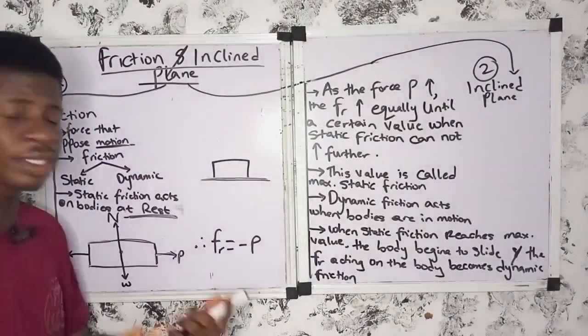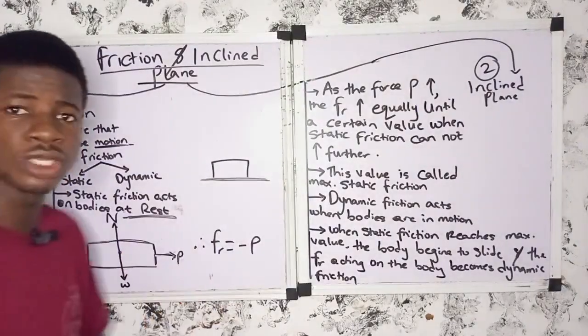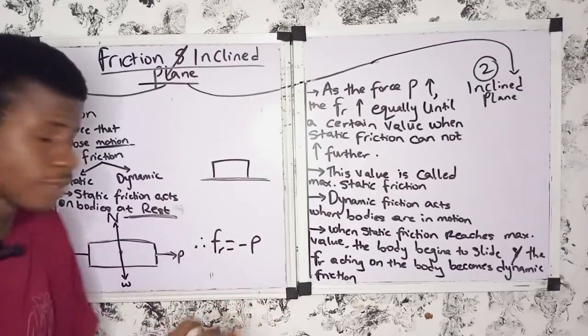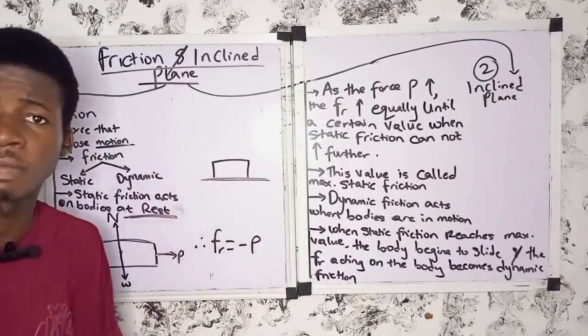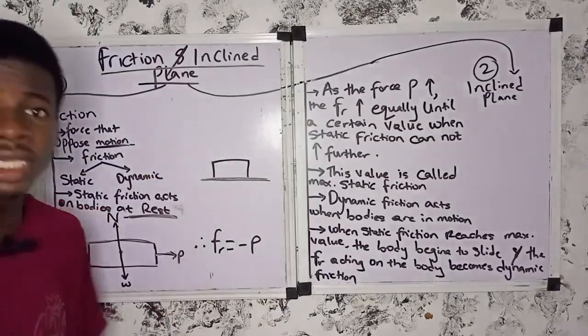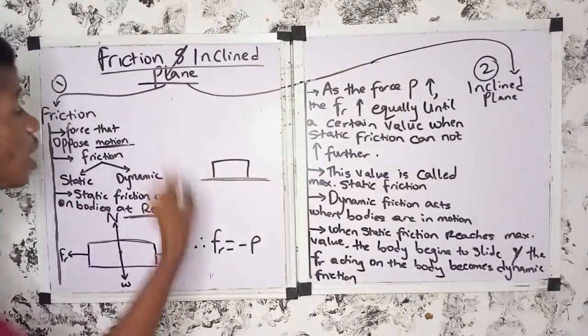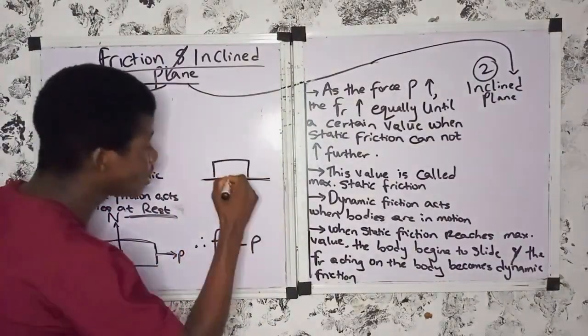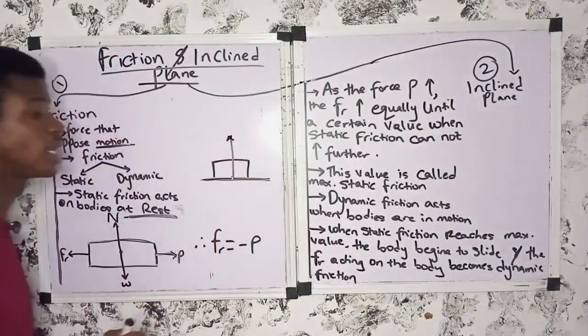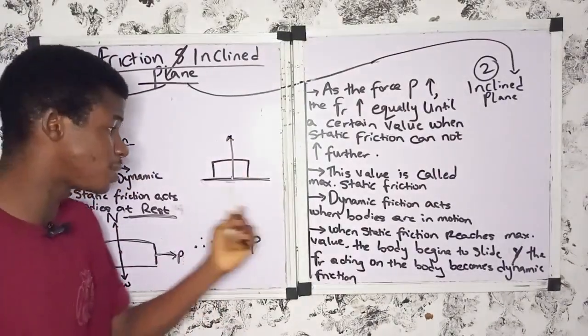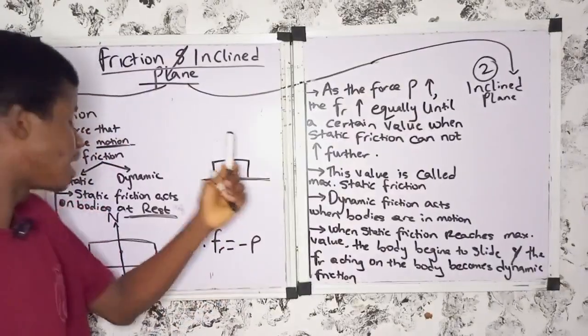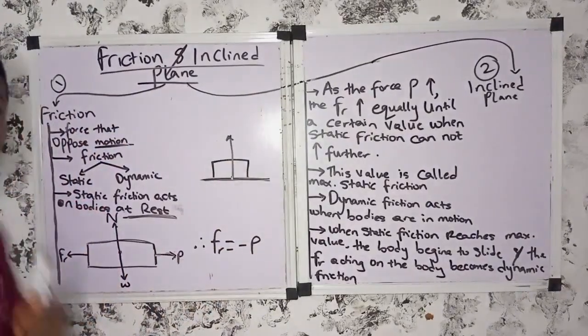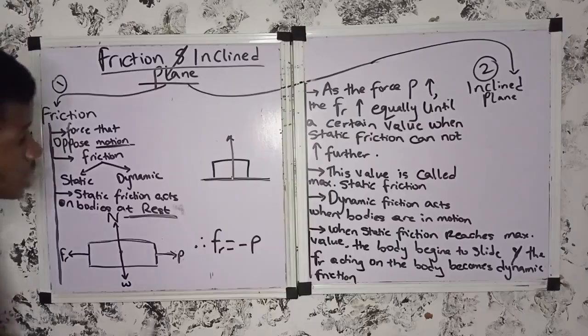Remember from our previous class, I told you that when an object is resting on a surface, for example a block resting on a table, there is usually an upward resistant force exerted by that surface. That force is known as the normal reaction force.